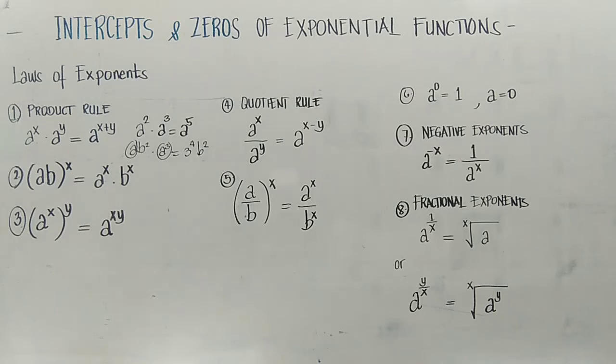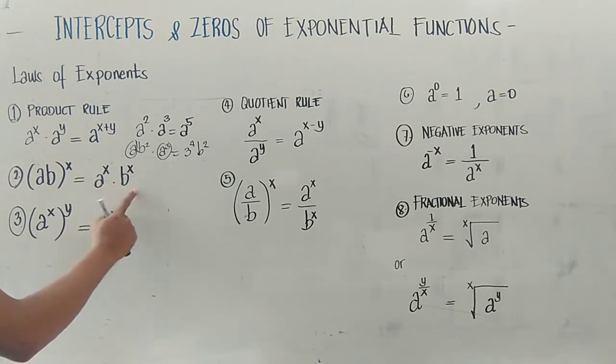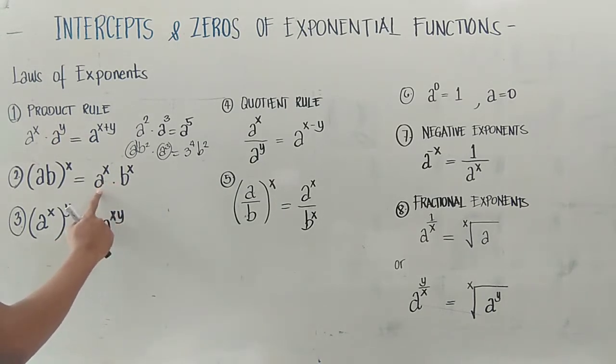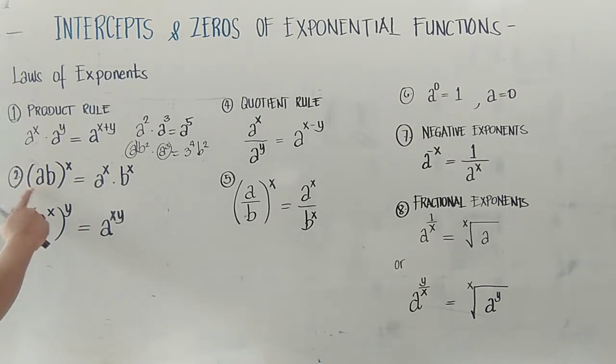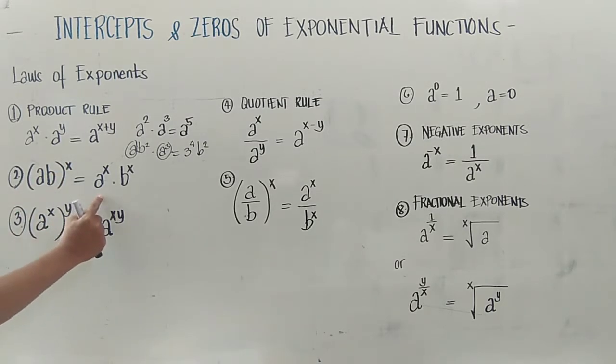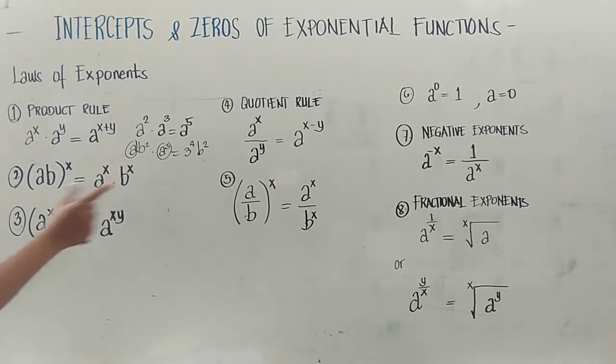Under the product rule, we have the distribution property of exponents, where we are multiplying quantities with different bases but the same exponents. If we start with this one, we have a times b raised to x is equal to a raised to x times b raised to x.